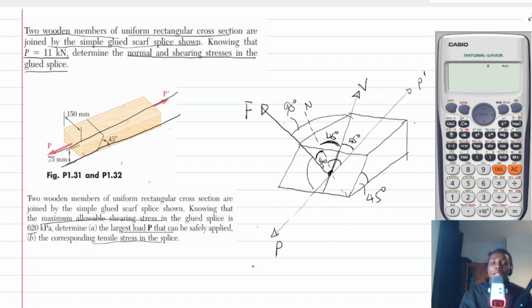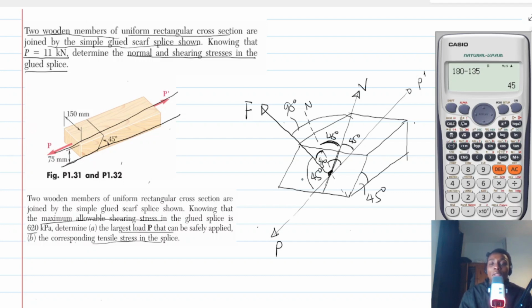We can look at the angle on a straight line: 45 plus 45 plus 45 gives us 135, and then 180 minus 135 is 45. So interestingly, this angle here will also be 45.